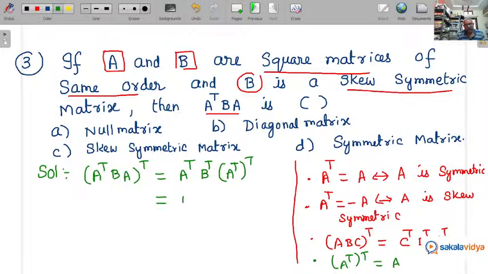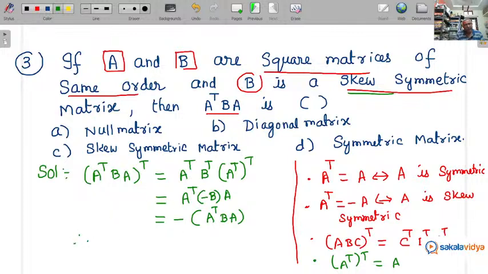So using these concepts, we can write this now. A transpose you keep like this only, but B is a skew symmetric matrix. B is a skew symmetric matrix means B transpose is obviously negative B. So this is negative B, and A transpose whole transpose is A. So minus of A transpose B A. That means A transpose B A whole transpose is the negative of the same matrix.